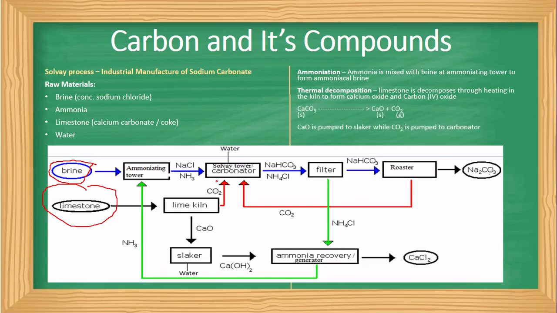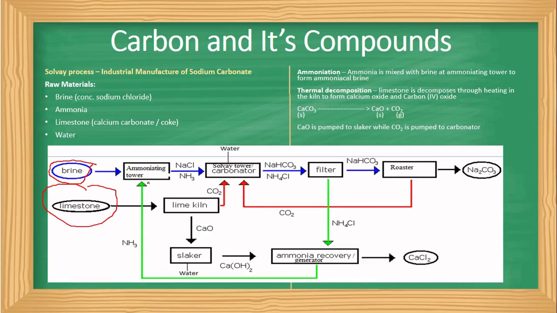As you can see, the equation is well presented here. The calcium oxide that is produced goes to the next chamber, while the carbon dioxide is pumped to the carbonator.